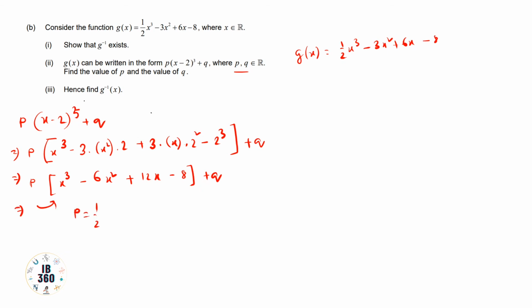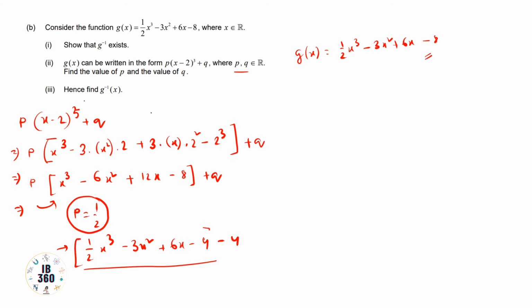If we apply p equals half here, the equation will be 1 by 2 x cube minus 3x square plus 6x minus 4. In the original equation it is minus 8, so again we need minus 4 in the term.